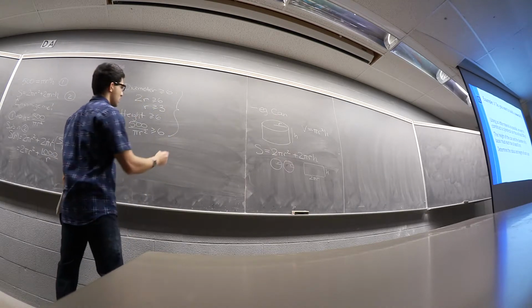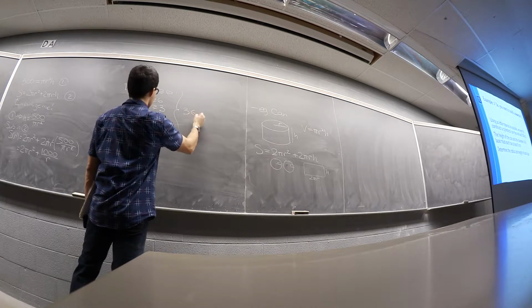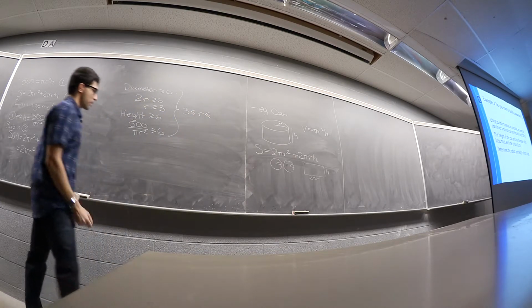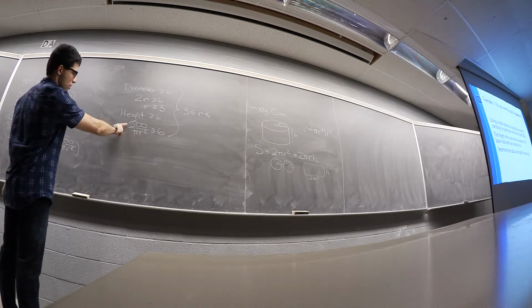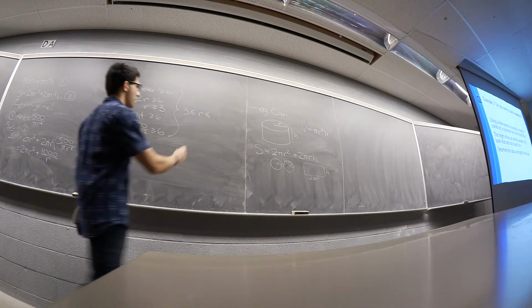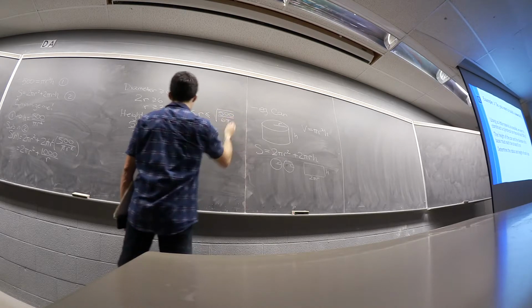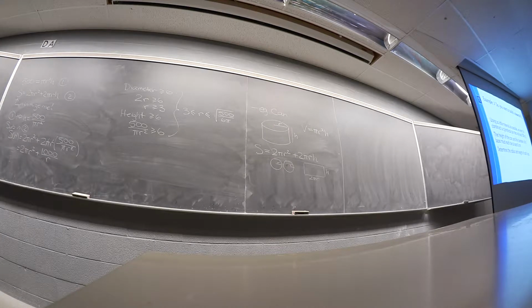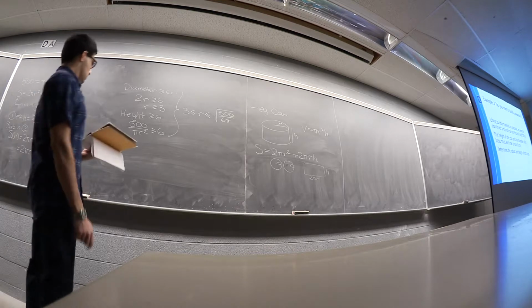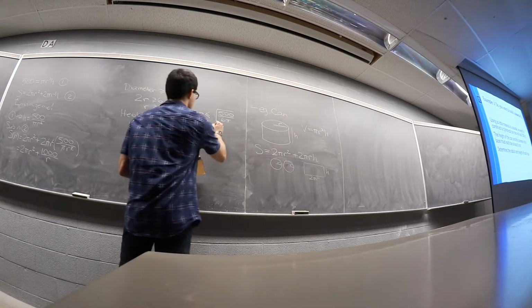Together, these will tell us that the radius has to be between 3 and the square root of 500 over 6 pi, which is around 5.15.